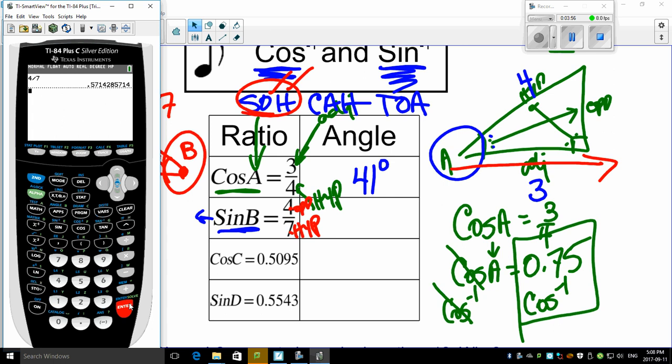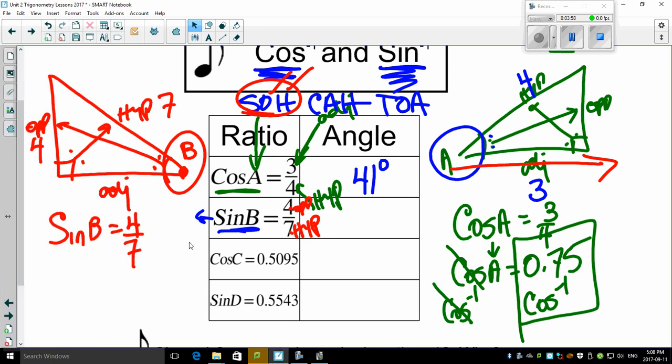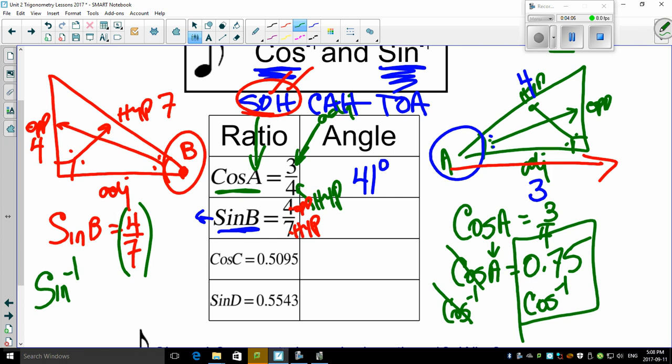So that's ugly. Well, you know what? Let's just leave this as a fraction then. Let's not convert it to a decimal. Let's just leave it here, because you know and I know in order to solve this, we have to take the inverse of sine -1 to both sides, canceling that out, leaving you B equals the inverse sine of 4/7. Notice I've got brackets around that.